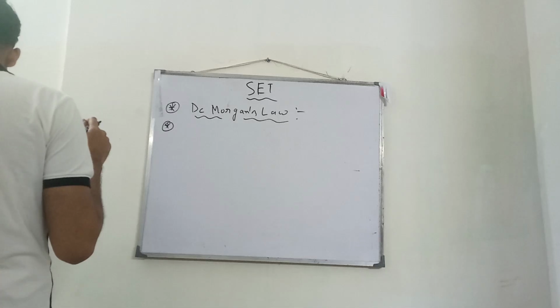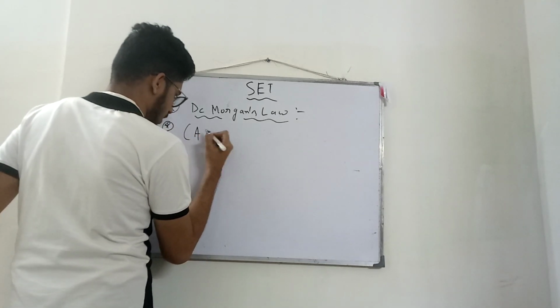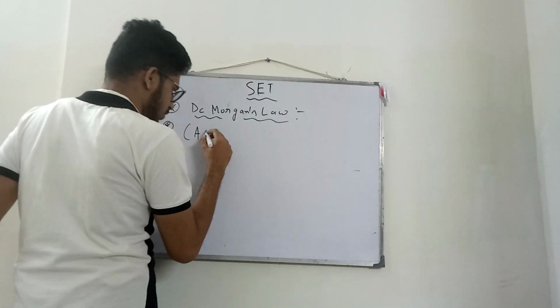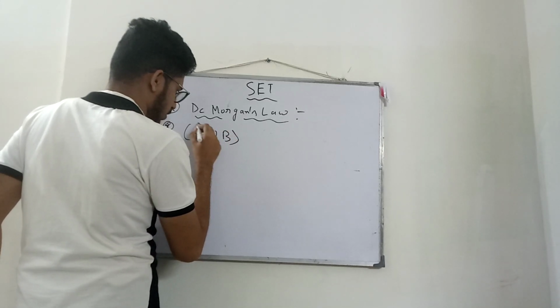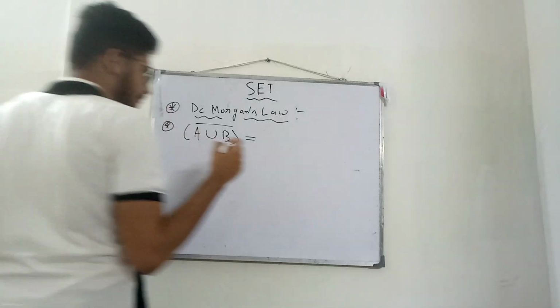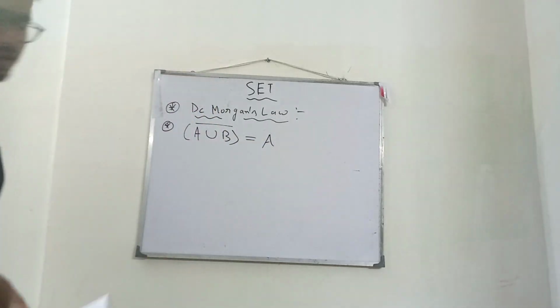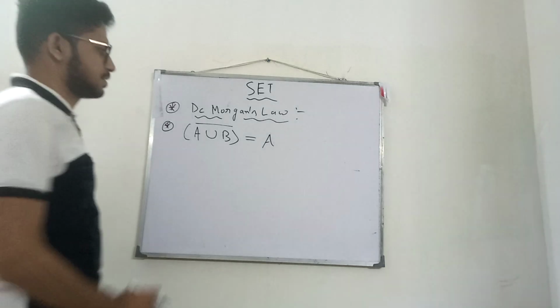Okay. Here we will suppose (A union B) whole bar is equal to this bar. What does the bar do? Anyone guess?